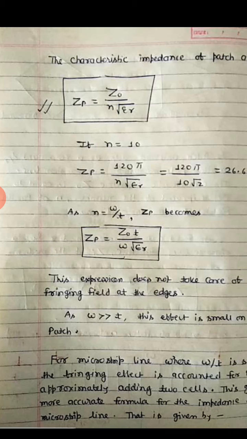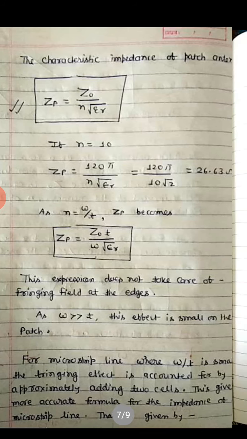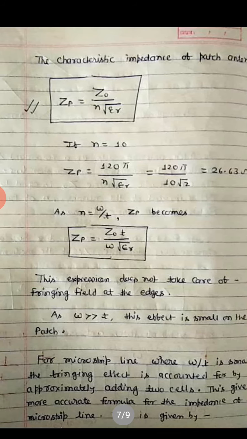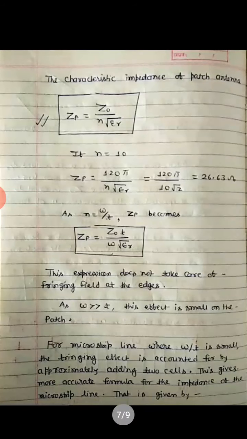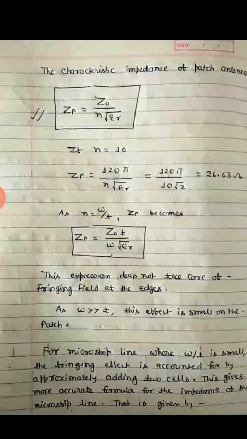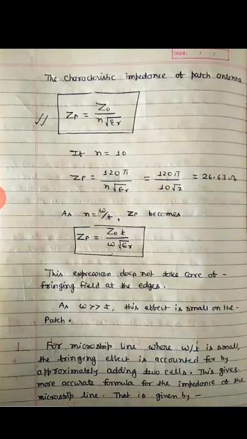As W is very much greater than thickness, this effect is small on the patches. For a microstrip line where W by T is small, the fringing effect is accounted for by approximately adding 2 cells.